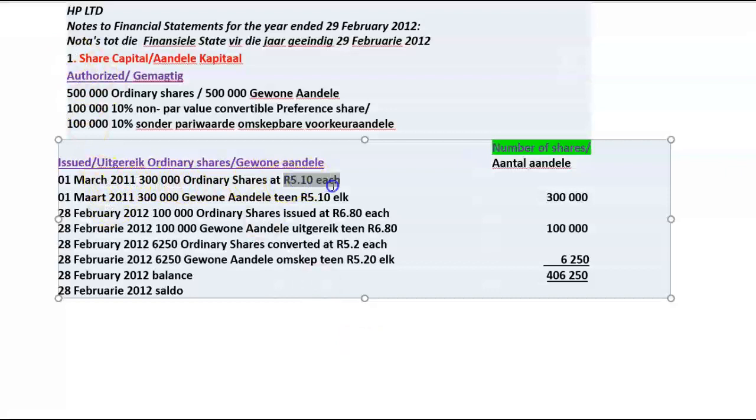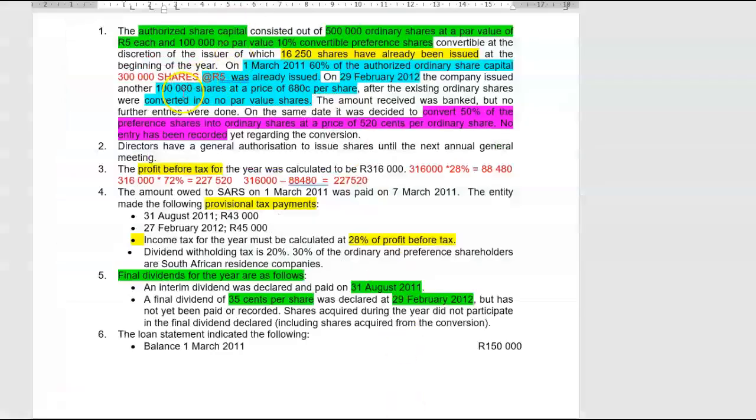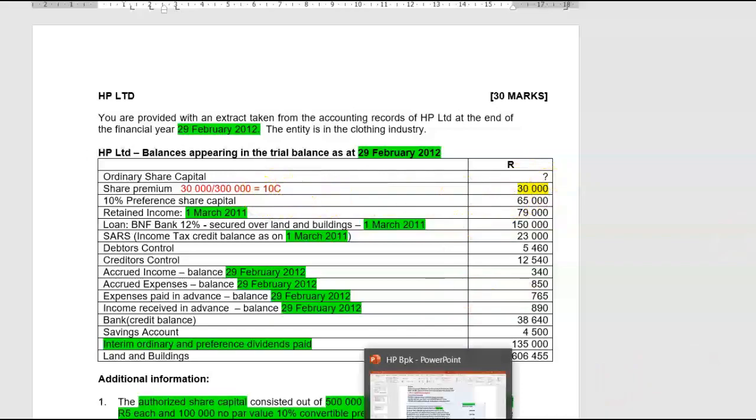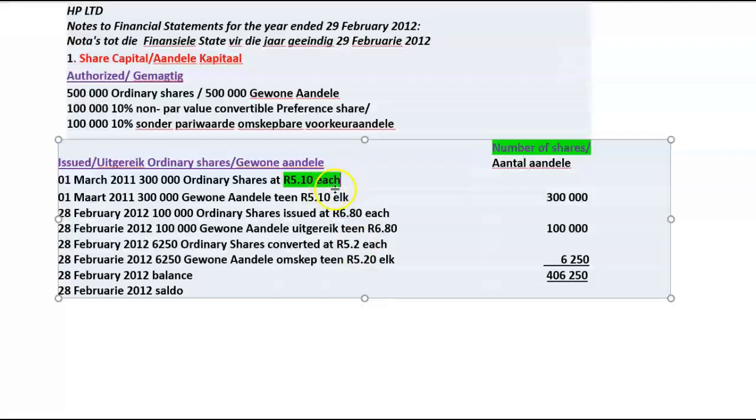At what price? Well, that one we have actually calculated. It's at R5.10 per share. We said it was 300,000 shares at the par value of R5 per share, plus that 30,000 gives us a 10 cents premium. So that is where the R5.10 is coming from.